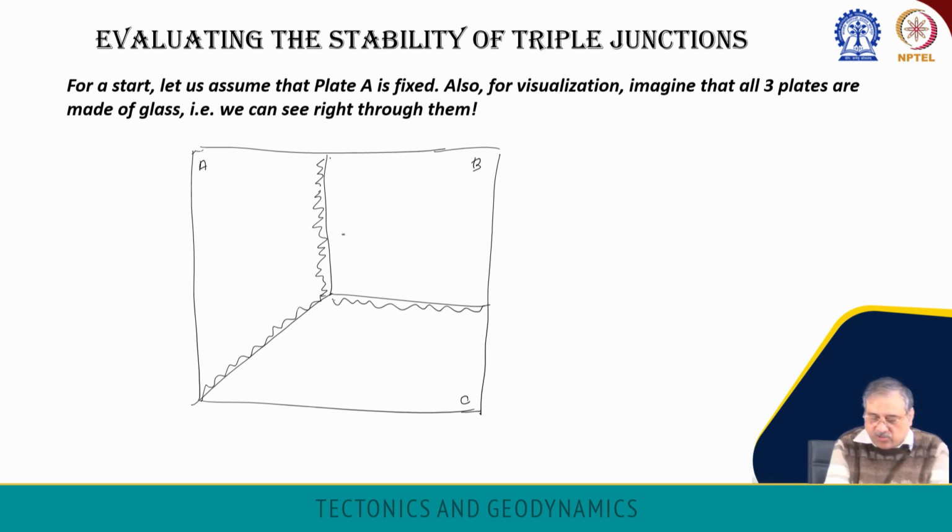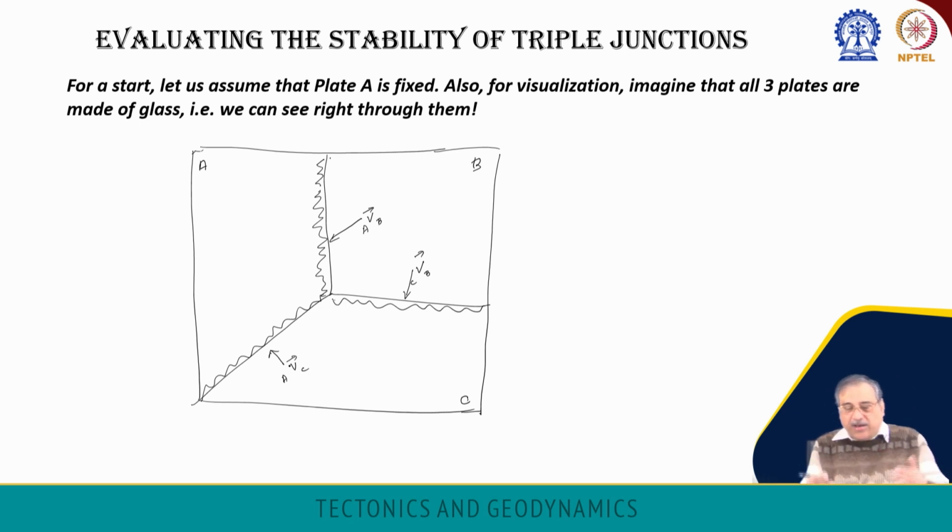And of course, not to forget, we had these velocities: the velocity of B with respect to A, the velocity of B with respect to C, and the relative velocity of C with respect to A. Now, to analyze this, I'm just going to do something that is Walt Disney-like. Let's imagine that all three plates are made of glass.